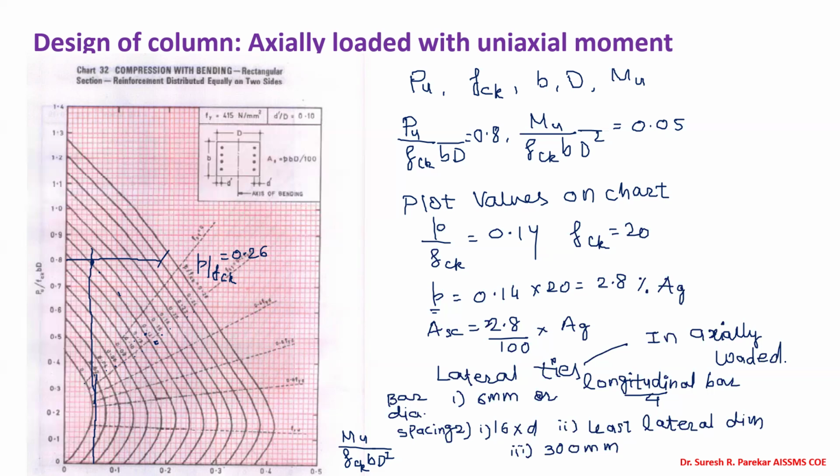Now next we have axially loaded with biaxial moment. In this, we first have to find the values of Mux and Muy. These values are given, but we also have to find them with minimum eccentricity: L by 500 plus D by 30 for ex, and L by 500 plus B by 30 for ey, and multiply these values.